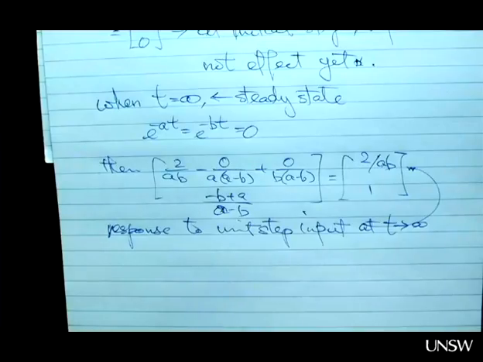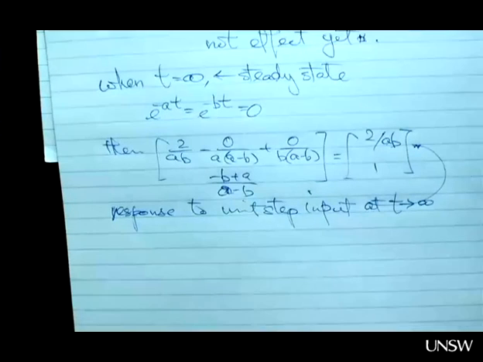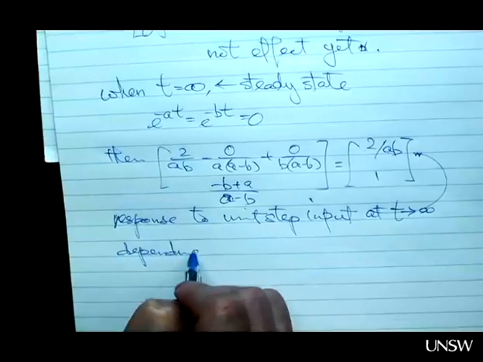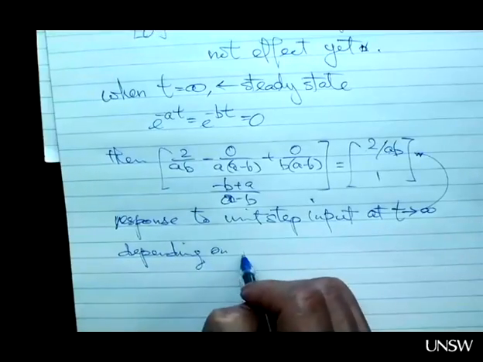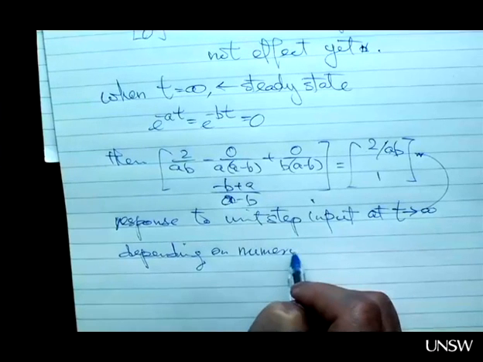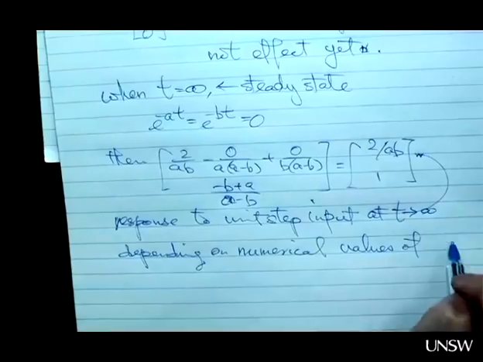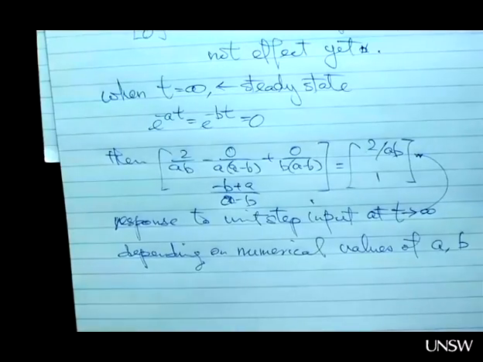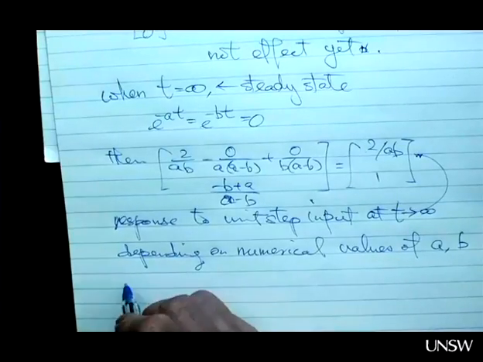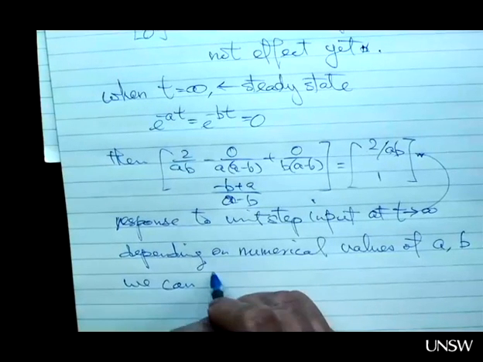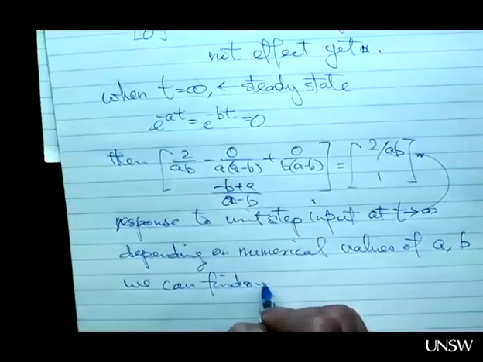Then depending on the numerical value of a and then b, so then we can find out the actual response.